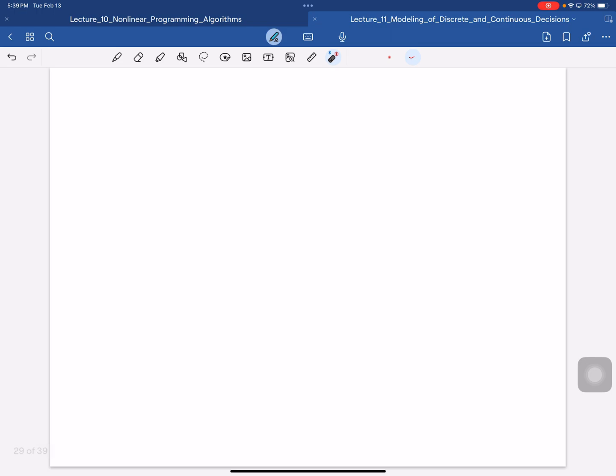Yeah, so let's write down the context of this problem. I'm going to use a chemical engineering example. Even if you are not a chemical engineer, this should be very straightforward.